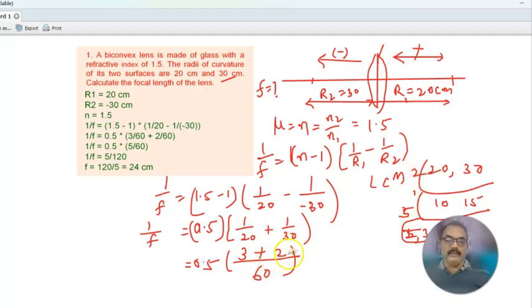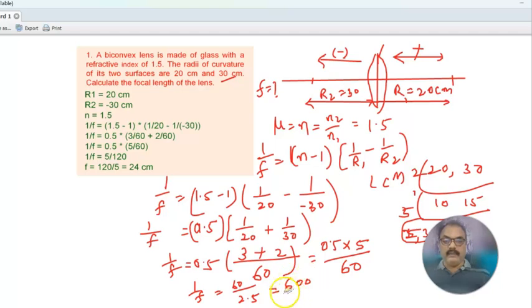So like that you have to take the LCM. Then finally what you will get here is 0.5 into 5 divided by 60. So that is 1 by f. So 1 by f can be written as 2.5 divided by 60, which is 25 divided by 600, because I am removing the decimal point. Then you will get f equal to 24.